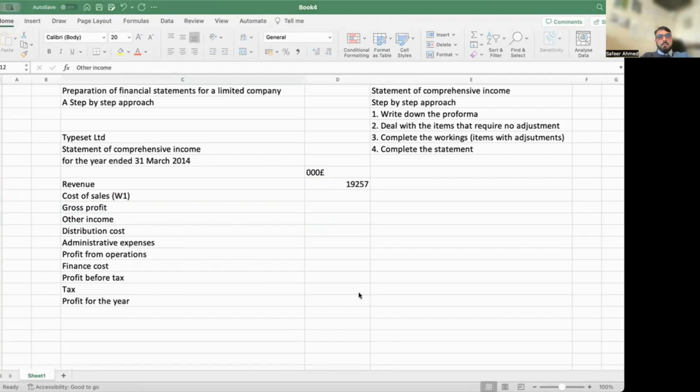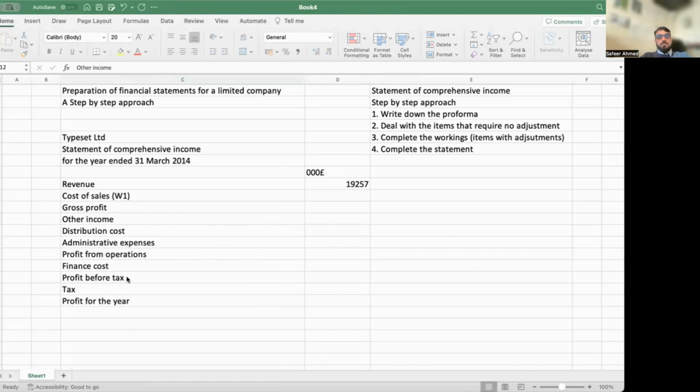So if you look at admin expenses, it is given to us, distribution cost is given to us as well, but we need to look into if there is any adjustment, if there is any further information in relation to any of those. Now, if you look into further information, there is something in relation to admin expenses, allowance for doubtful debt. Allowance for doubtful debt, we will have to make an adjustment in our admin expenses.